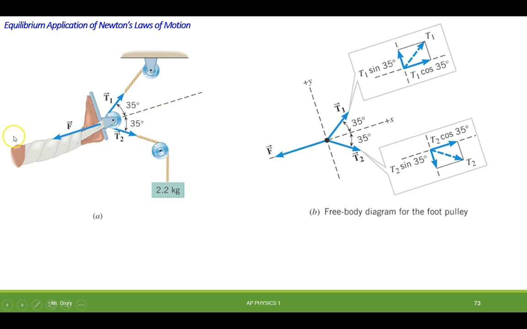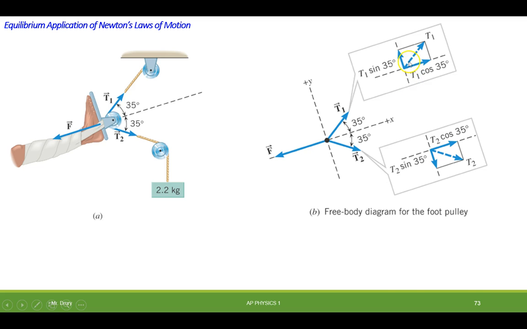I found that thinking of it along the axis of F and calling that the x-axis would be the simplest. And then I created a y-axis perpendicular to that. So that allows me to break this tension into its x and y components, as well as this tension into its x and y components. So we took this vector, we broke it into how much is in the x and how much is in the y.